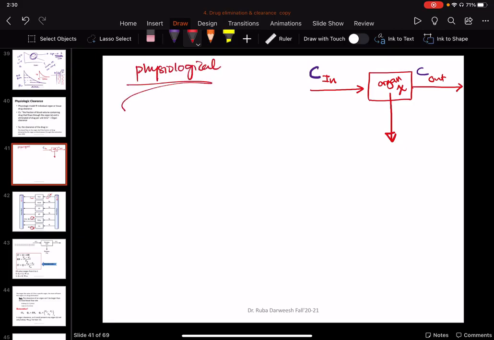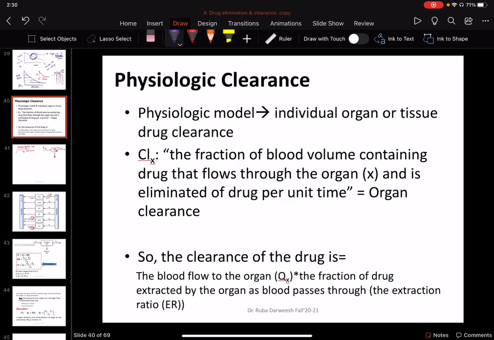Why do we call it the physiological model or definition of the clearance? Because I'm taking into consideration each and every organ alone that I'm interested in. If we want to determine the clearance of that organ, the physiological definition of the clearance is the fraction of the blood volume containing the drug that flows through that organ and is eliminated per unit of time.